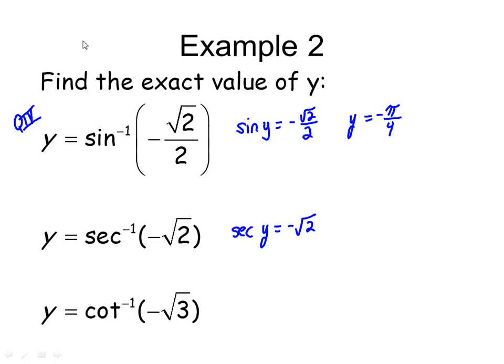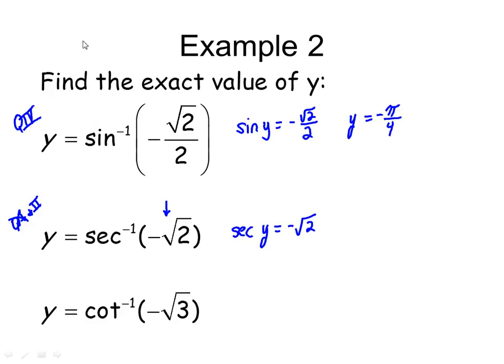Secant inverse is in quadrants 1 and 2. But secant is negative. Can anything be negative in quadrant 1? No. Nothing can be negative in quadrant 1. So we have to be in quadrant 2. Focus over here on quadrant 2.